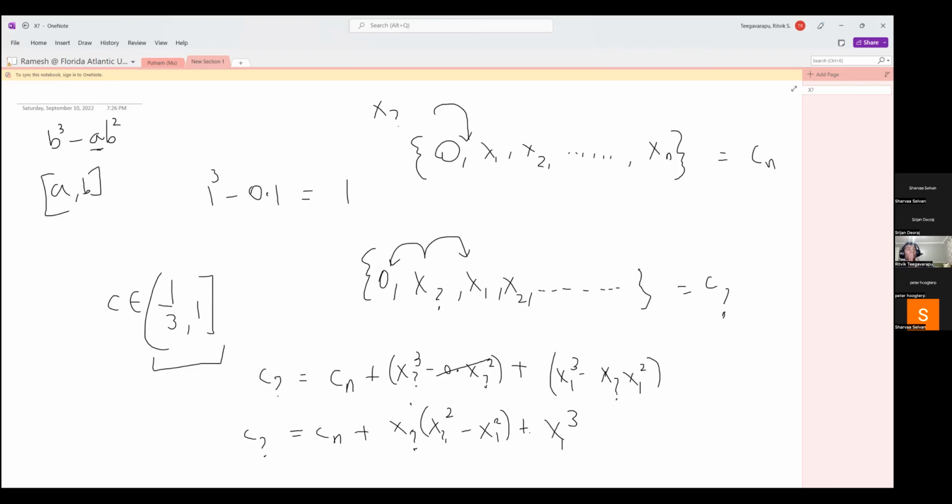Now, what was the overall purpose of this besides just writing stuff? The goal here was that I inserted some random value, 0, x question mark, and then x1. But I want x question mark to disappear. This is my desired limit. So what I end up doing is making x question mark approach, say, very, very close to 0, so that the cost of that jump is so small.